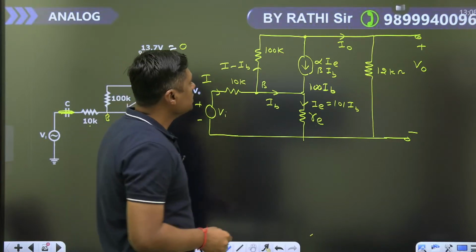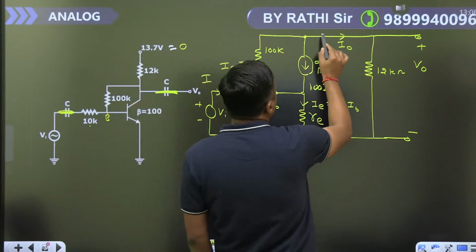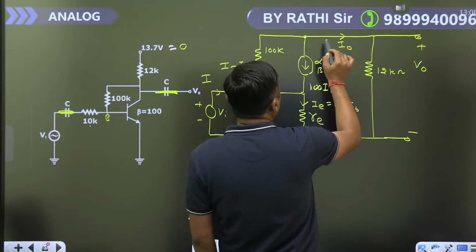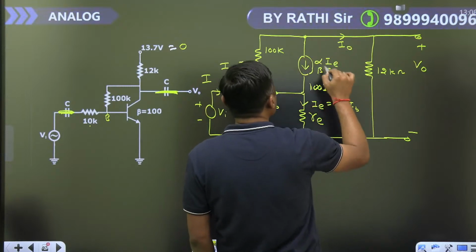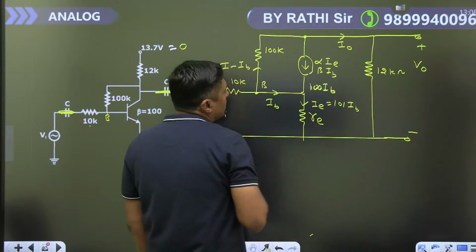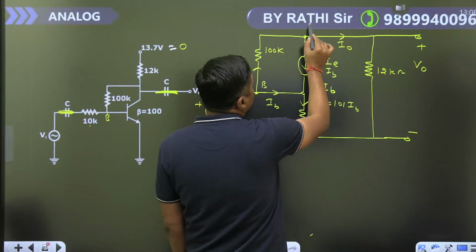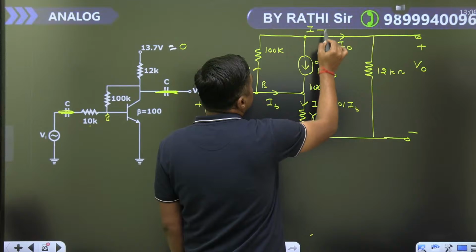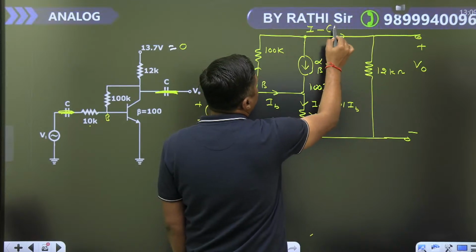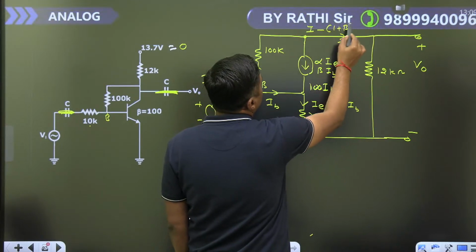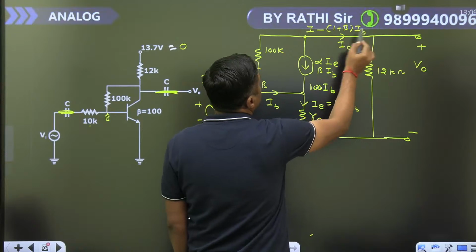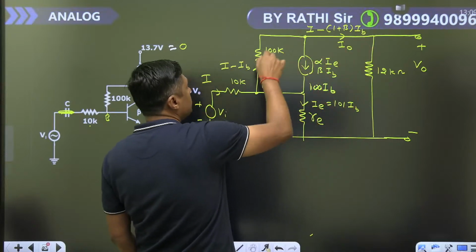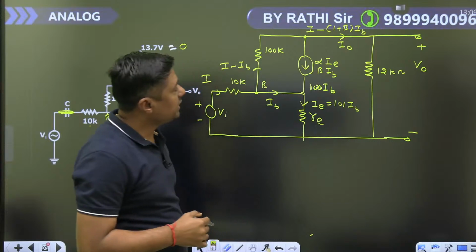Then what is the current here? I0. I0 will become I minus IB minus beta IB, means 1 plus beta times IB minus beta IB. This is the beta IB, this is the IB. Then that is the output current.